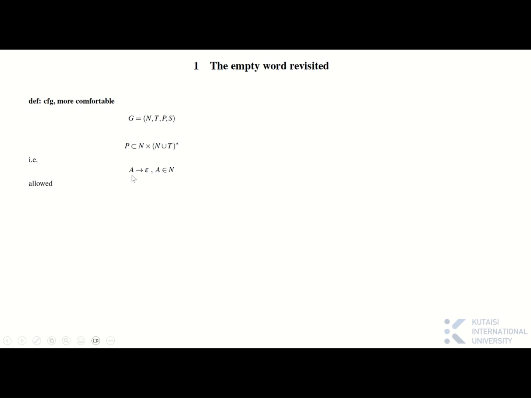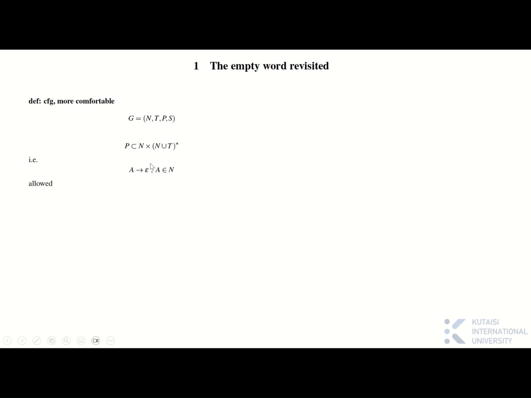And I redefine it, I make it more comfortable. You can see a star here. I also allow things like this. Before I didn't allow things like this at all. Then I said that I only allow this from the start symbol, that if I want to produce an epsilon, I can only have the start symbol produce an epsilon. But now I'm just going to allow any non-terminal to produce an epsilon.